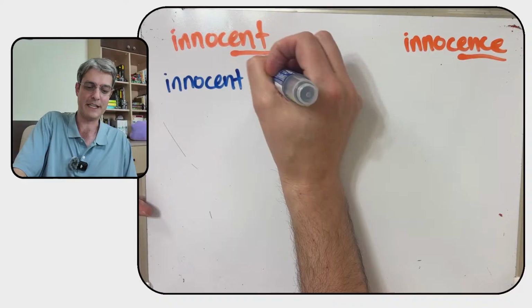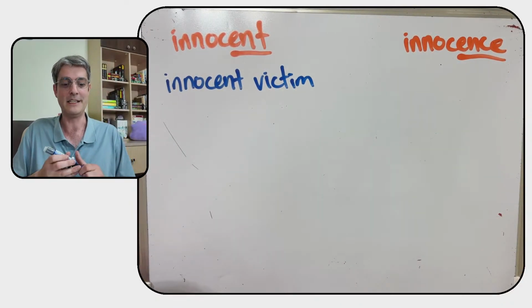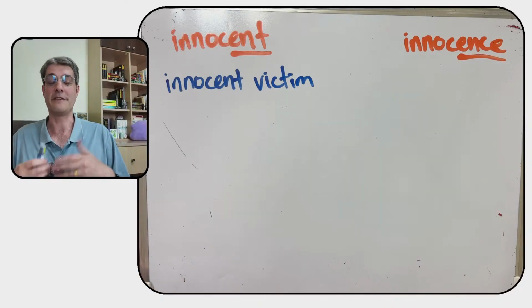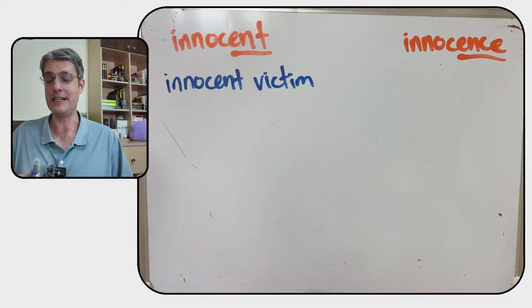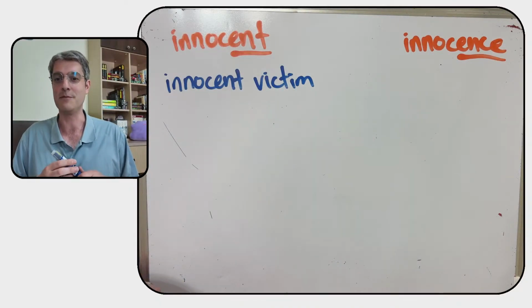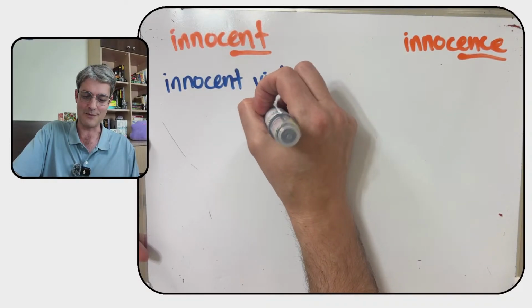So we might say someone is an innocent victim. This just means there was a crime committed, and the victim is the one who was affected by the crime. And if they were an innocent victim, they did nothing wrong, but they were the victim of a crime. We also talk about an innocent mistake.